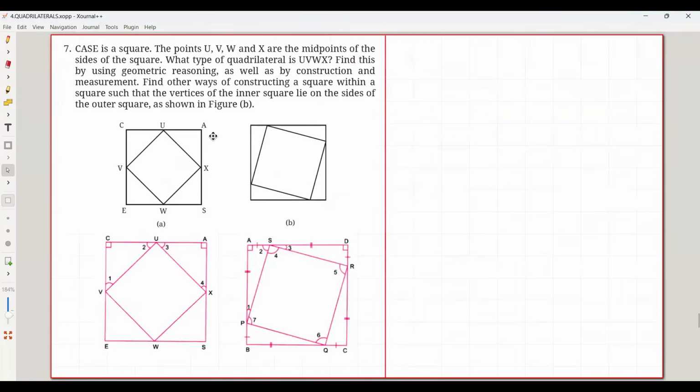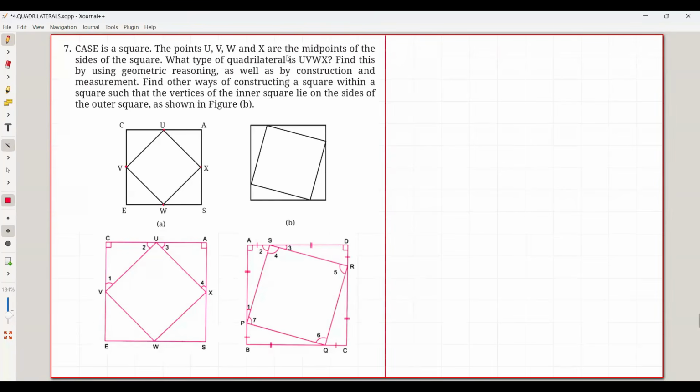Okay, question number 7. CASE is a square. The points U, V, W, X are the midpoints of the sides of the square. These midpoints are given.